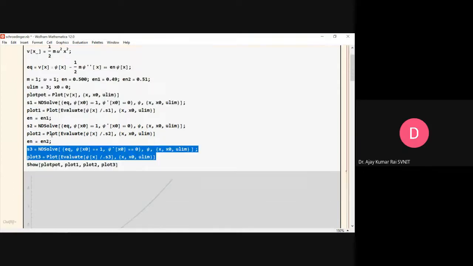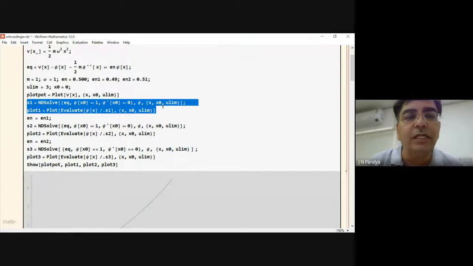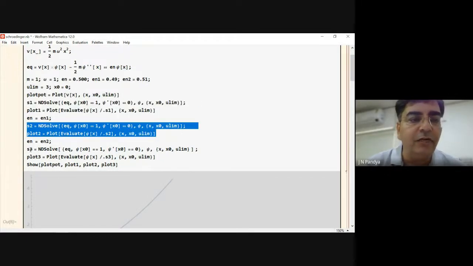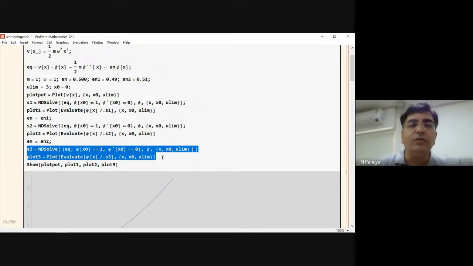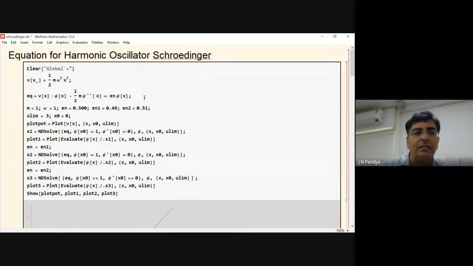What is the difference when S1 is evaluated, when S2 is evaluated, and when S3 is evaluated? What is the difference that you observe? See, this is a very simple code. I am not asking anything very advanced here, right?